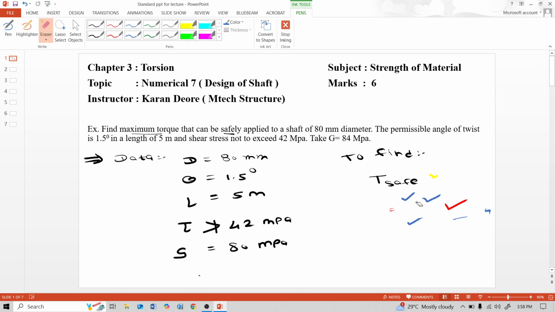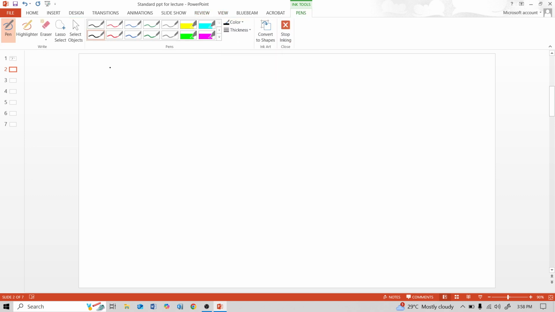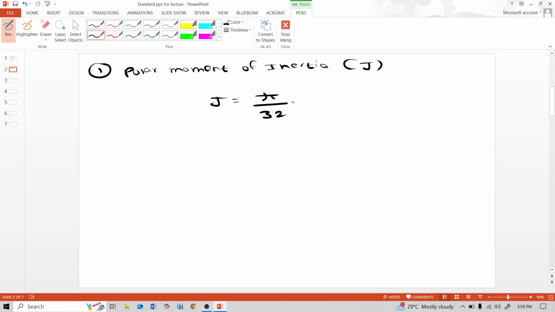We will see this numerical step by step. So write Step 1, polar moment of inertia calculation. Polar moment of inertia, denoted as J, for a solid shaft has the formula pi by 32 capital D raised to 4.